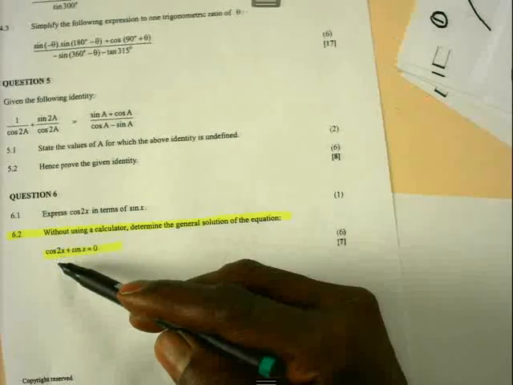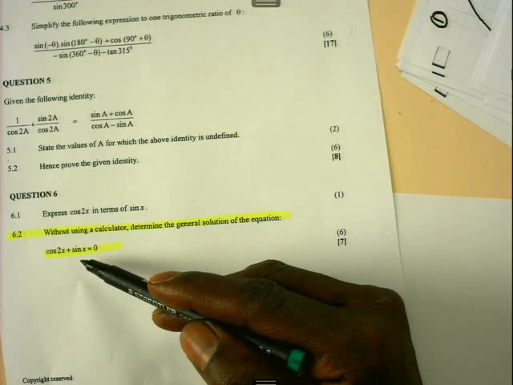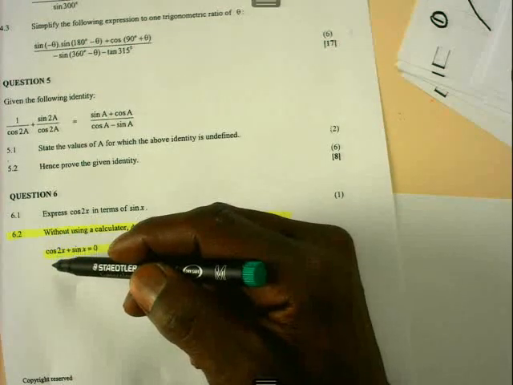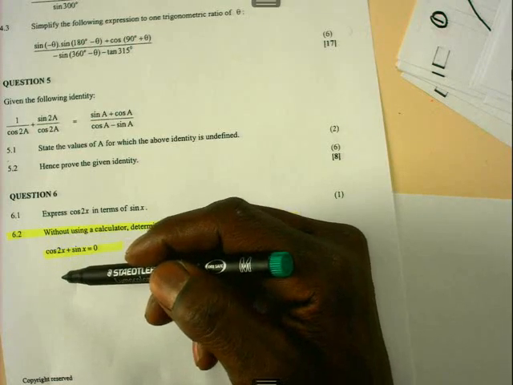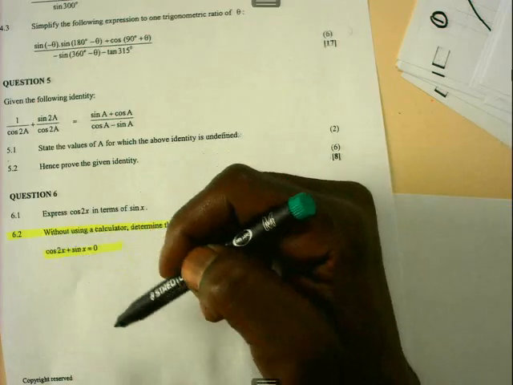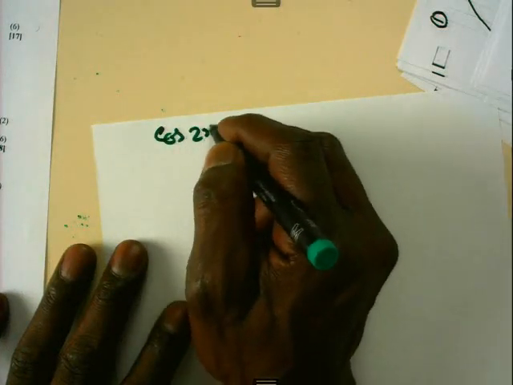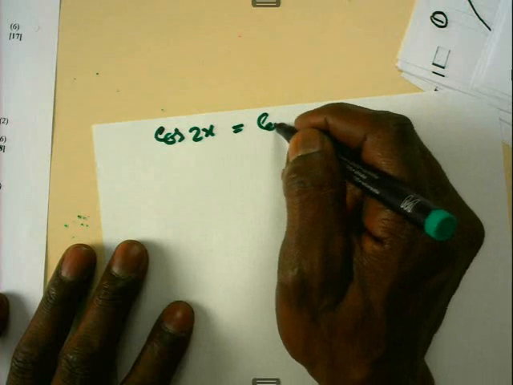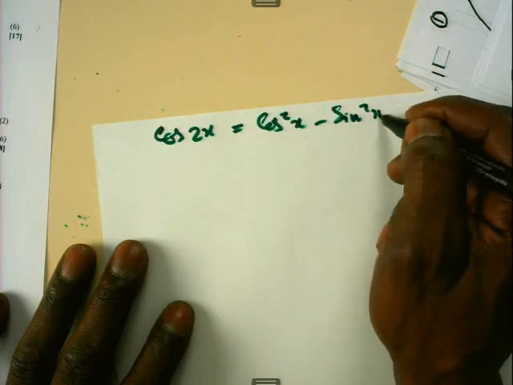In this case, we have cosine and sine x. Now, cos 2x is a double angle. That can be written as cos squared x minus sine squared x. Remember?